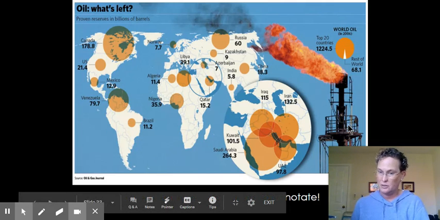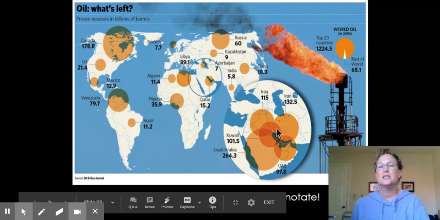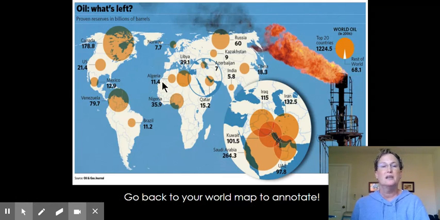So that's why you hear so much about this country being an oil-rich country. There's a lot of oil up in Canada. There's some in the US, Mexico, Russia. Okay, so the top 20 countries have most of the world's oil, at least from 2006.